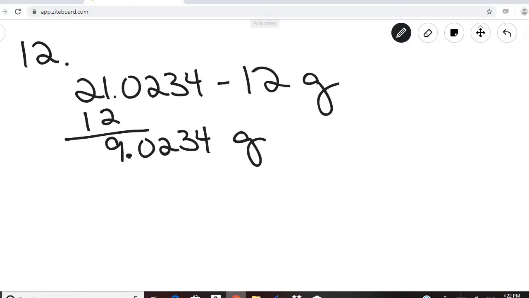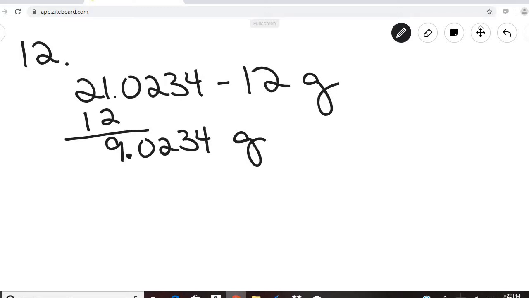But that's not our answer, because when you add or subtract, you report the answer to the least precise of the two numbers in terms of significant figures.